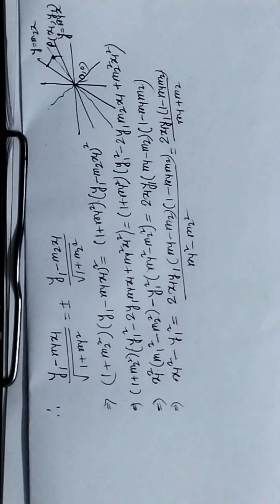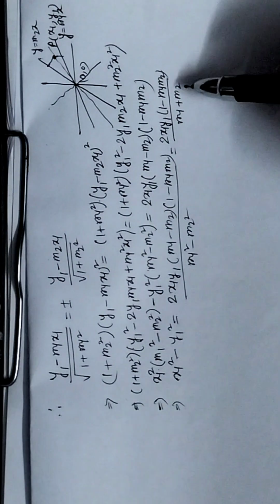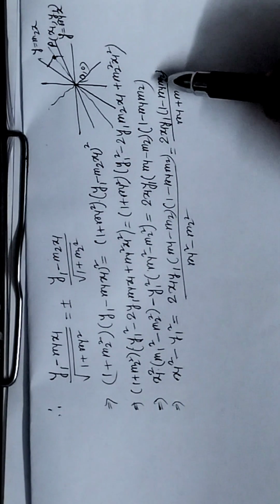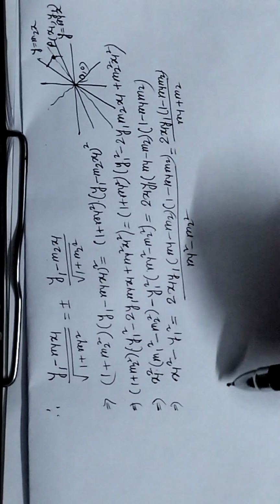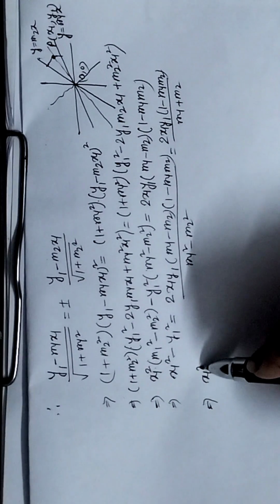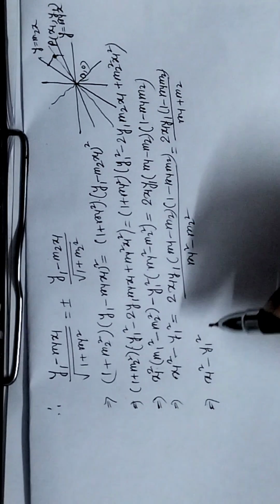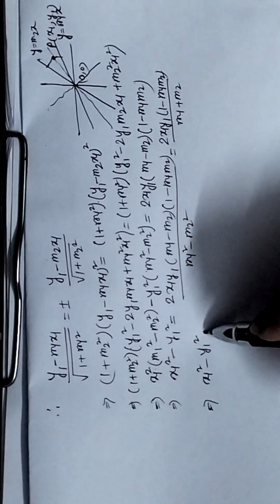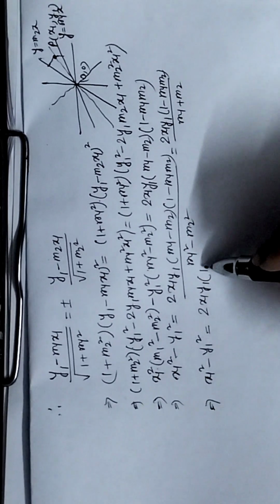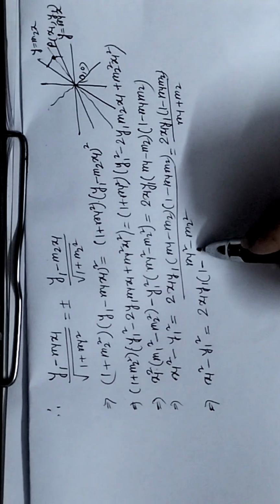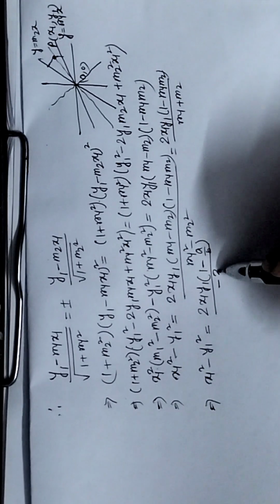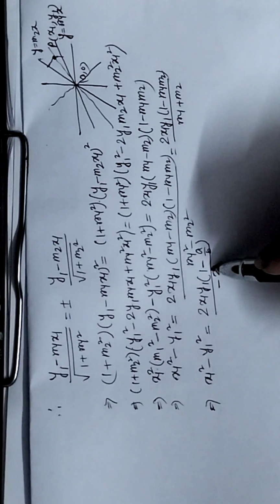Now we have already known that m1 plus m2 is equals to minus of twice h by b, and m1 into m2 equals to a by b. So let's replace them in terms of a, b, h. So x1 square minus y1 square is equals to 2 into x1 y1 into 1 minus a by b by minus of twice h by b.